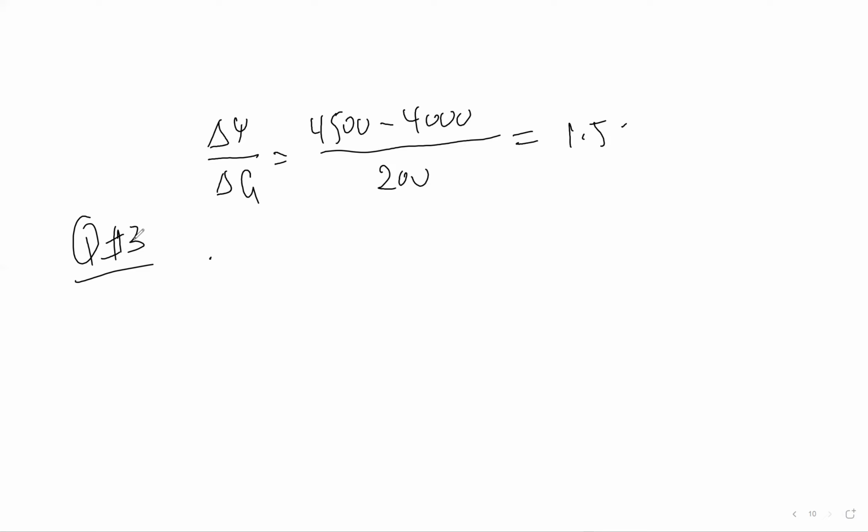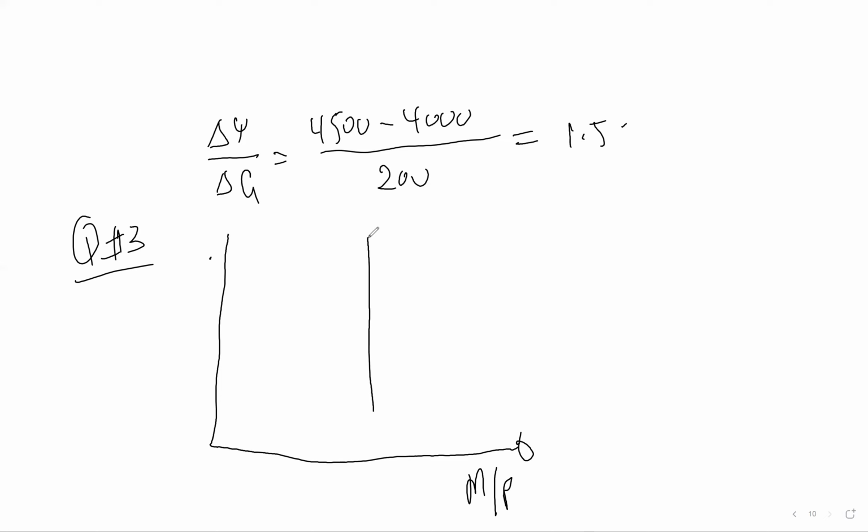So let's draw a normal market for real money. We have M, the money supply, and the level of money supply over prices, and the curve looks something like this.